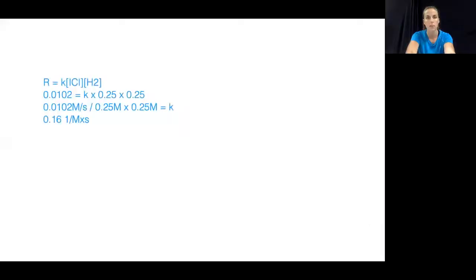Say they wanted to use a concentration of 1 molarity for ICl and 0.75 molarity for H2, you could just plug it in your rate equation. So your final rate equation is going to look like this. Okay, your final rate equation, we just plug in our values. R equals, we know our K there is 0.16.